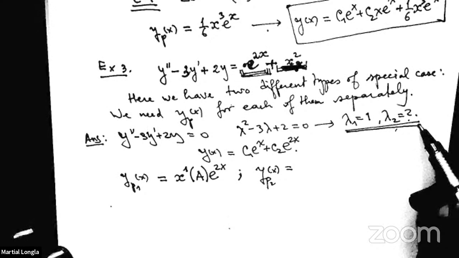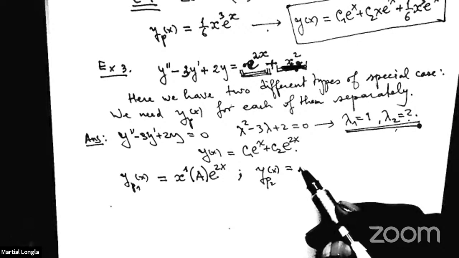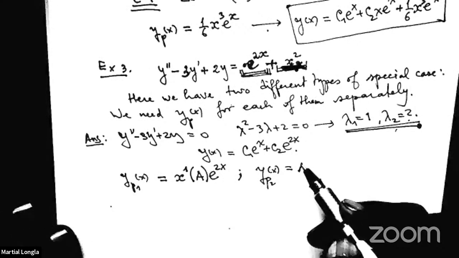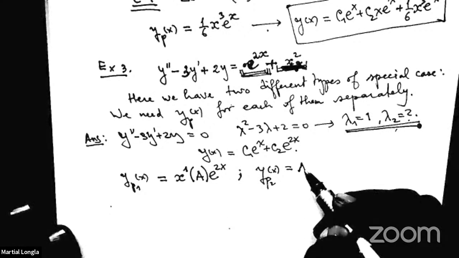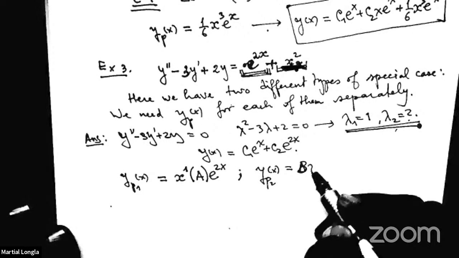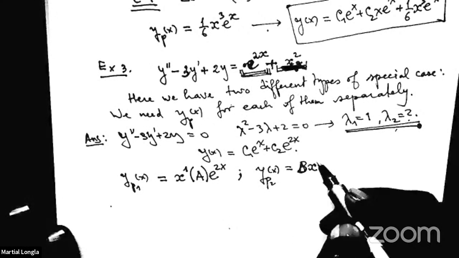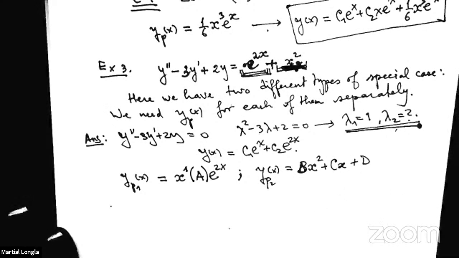No, because the roots are 1 and 2. It's not a root, so for this part, we are using the first case of the lecture. So it's just going to be a, because I use a here, I can't use a anymore, so I'm using bx squared plus cx plus d. That's what it's going to be.